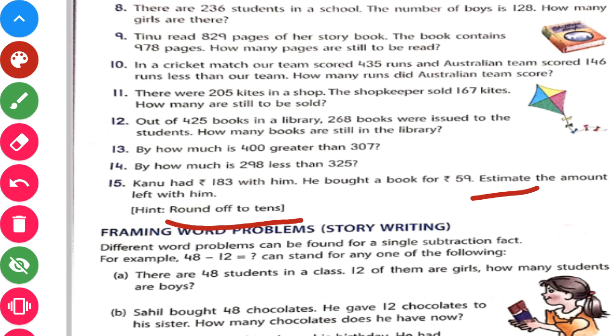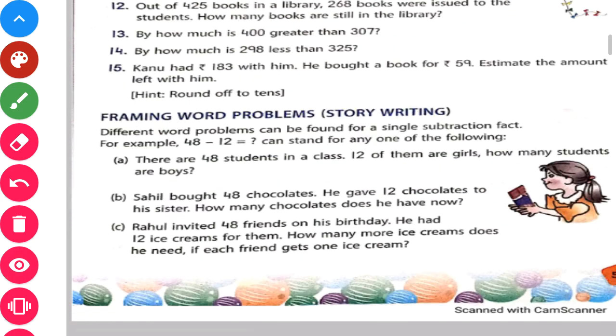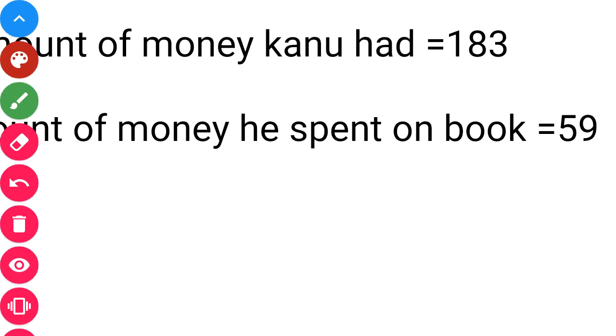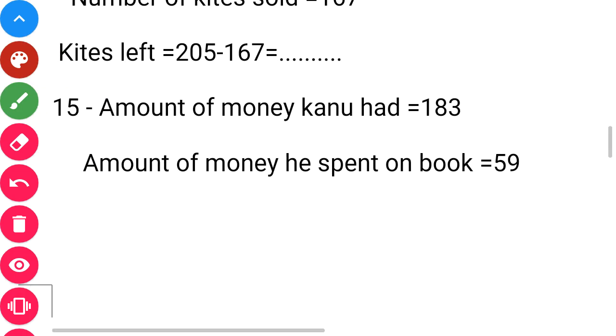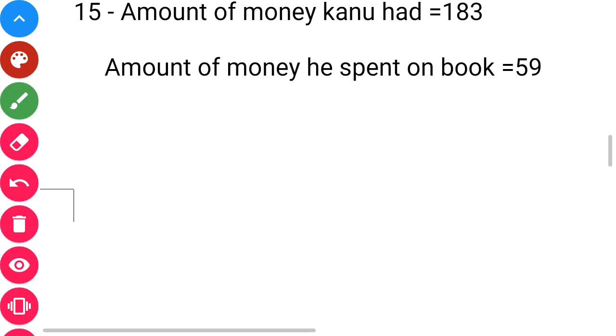So total amount of money Kanu had equal to 183. Amount he spent on the book equal to 59. Now we have to estimate the difference and round it off to the nearest tens.